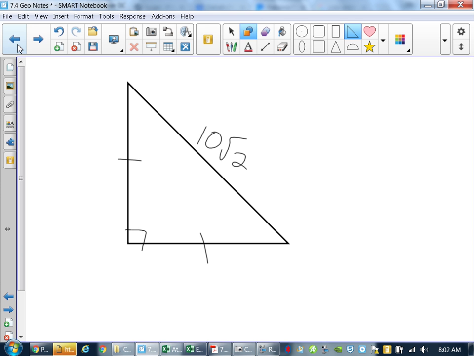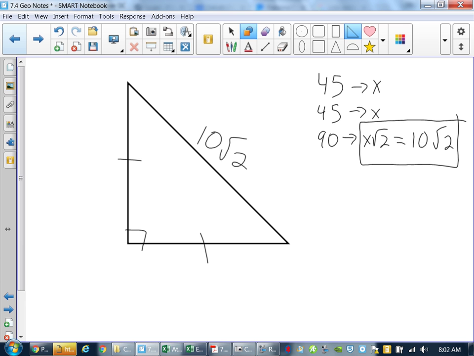I know it's an isosceles right triangle because it's got the tick marks and the right angle, which means it's 45, 45, 90. And I know across from which angle? The 90. I know that across from my 90 is the value of x times the square root of 2. And this time, this equals 10 root 2.